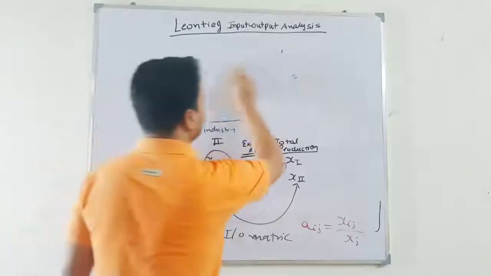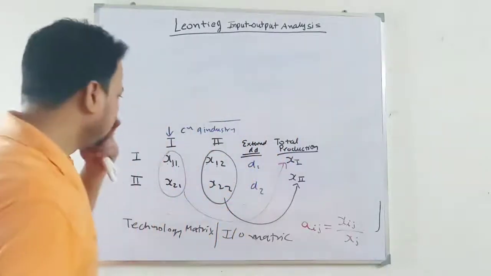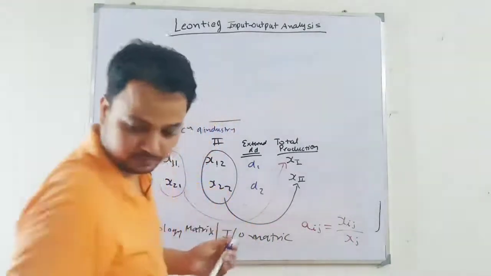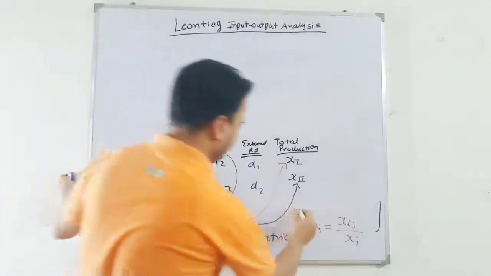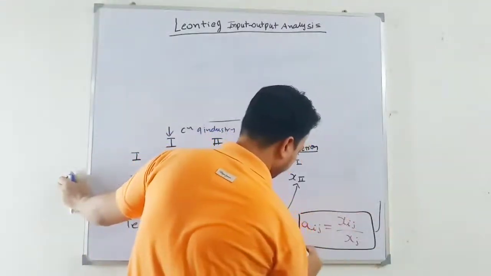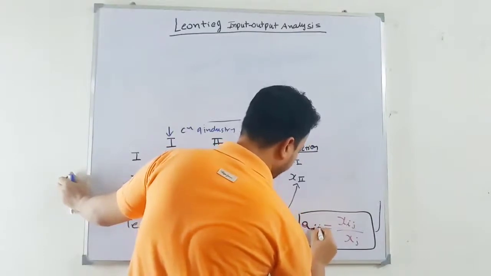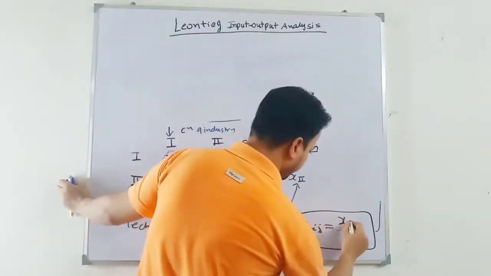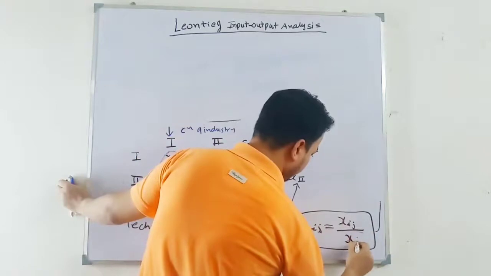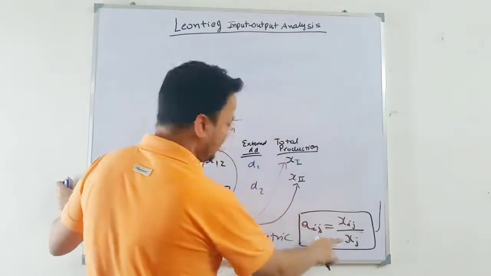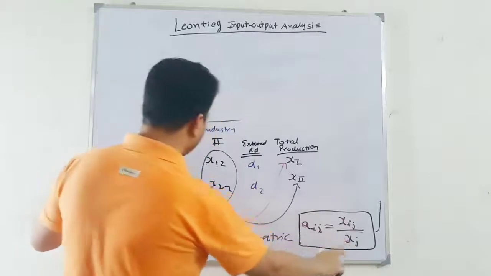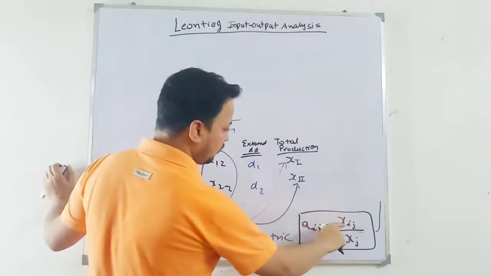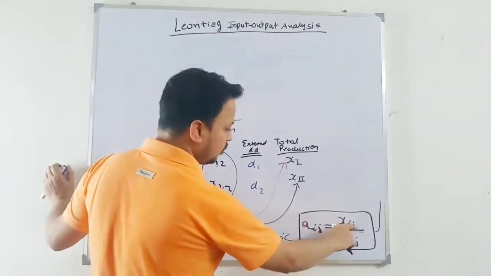Let me write it here. I am making the technology matrix, and this is the formula of the technology matrix. A, we will denote by Aij, equal to Xij over Xj. This Xj represents production of that industry. So X1 represents production of industry 1, and Xij represents output of ith industry used by jth industry.